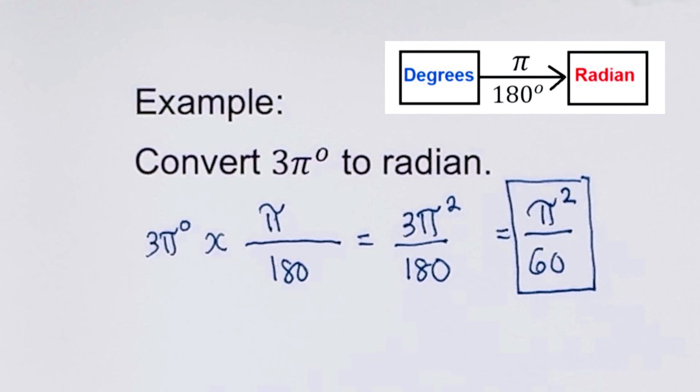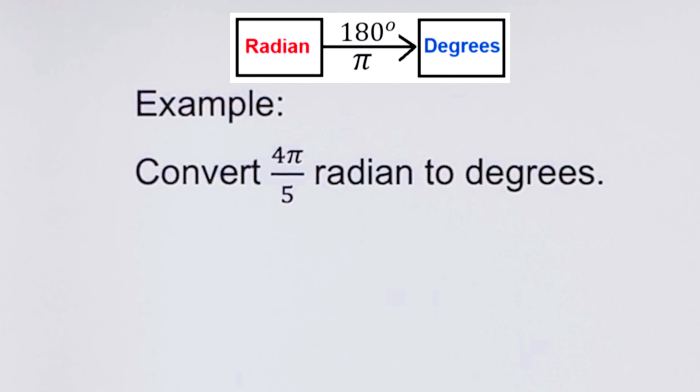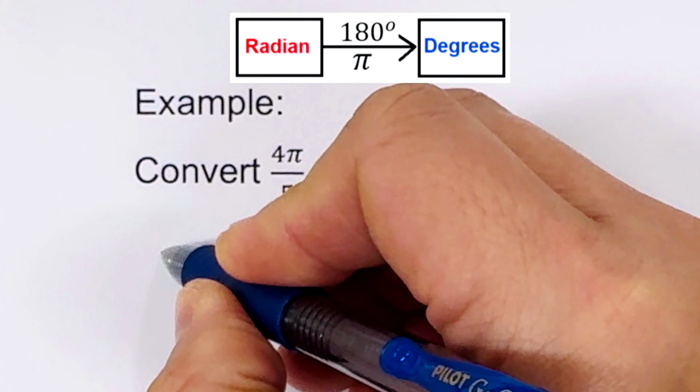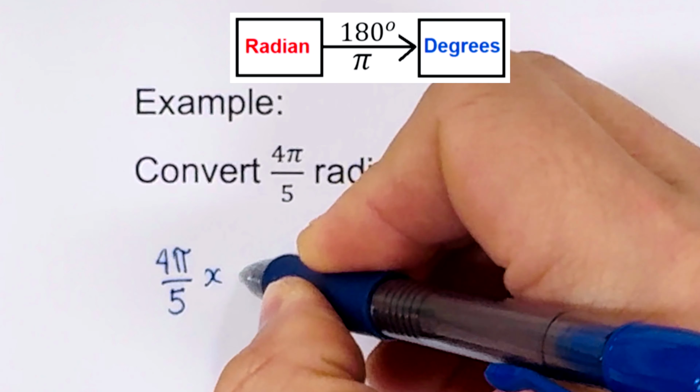Now let's go over another example. Looking at the example right here, we're supposed to convert 4 pi over 5 radians to degrees. This is an example of radian to degree conversion. We write the given number that we have up here. Now, the multiplier for radian to degree conversion is 180 over pi, so that's what I'm going to write on the fraction right here.